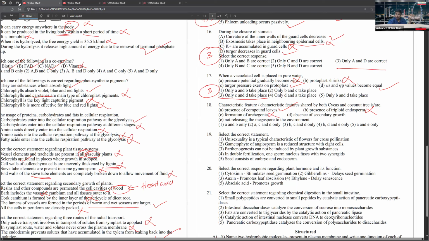Flowering plants don't have archegonia. Then absence of secondary growth. No, Cycas is showing secondary growth. Wrong. Not released the megaspore to the environment. Correct. Both are same. So I'm taking A and E. 18th question, 5.